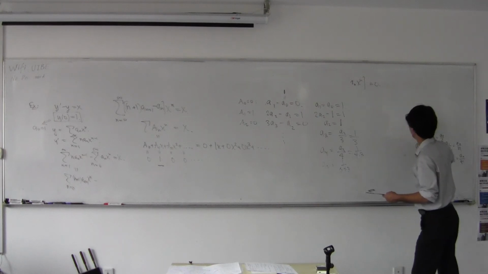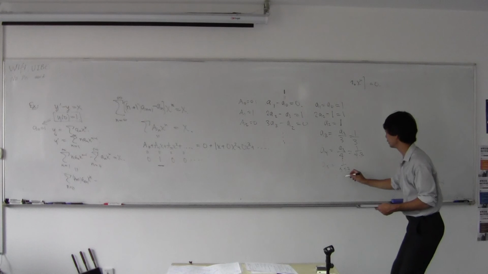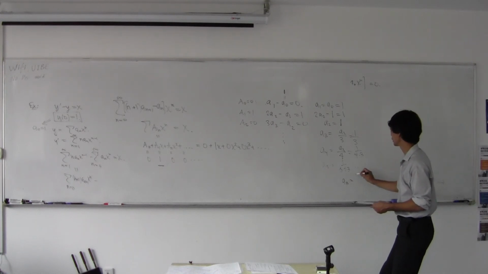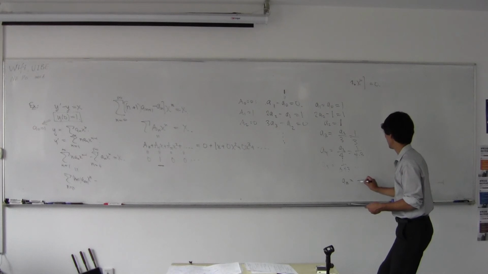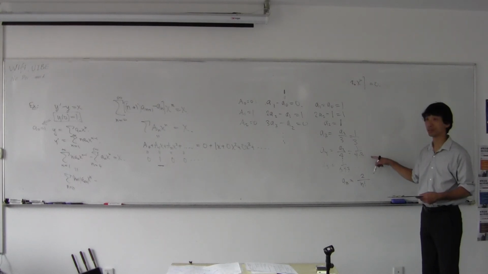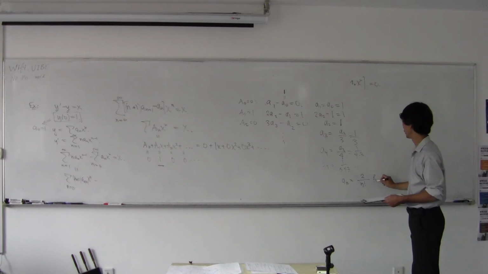So in the end, what you see is that a(n) is going to be 2 over n factorial, right? 2 over n factorial. Right? For n bigger than 3.